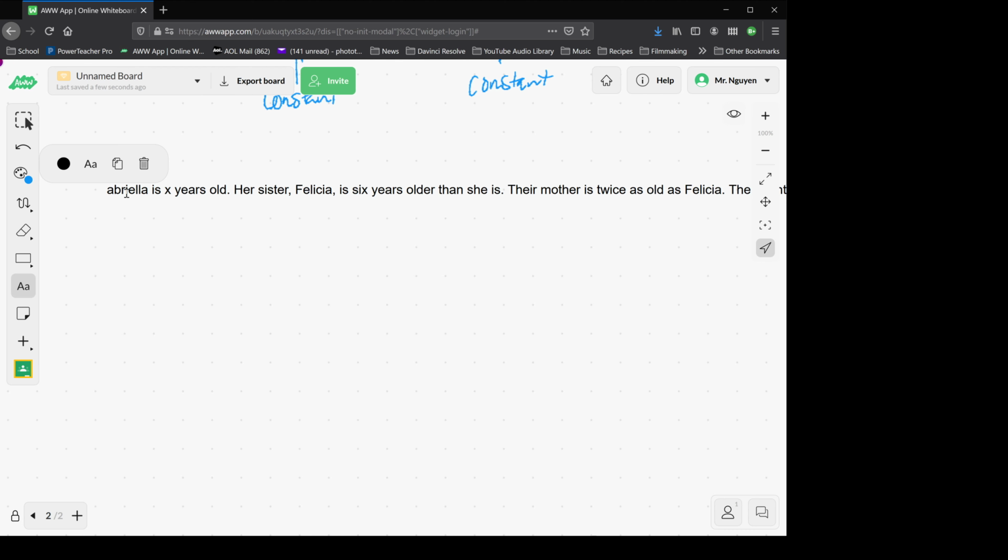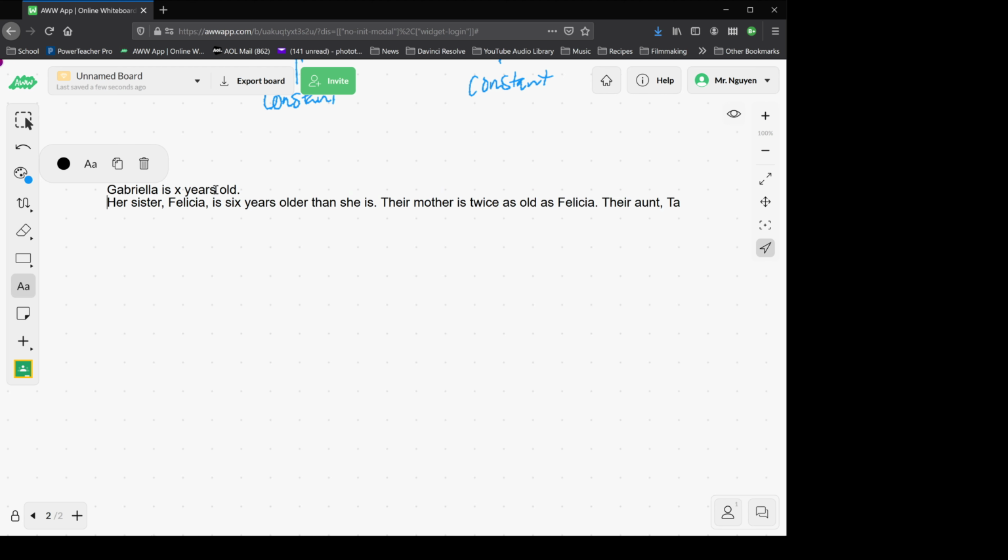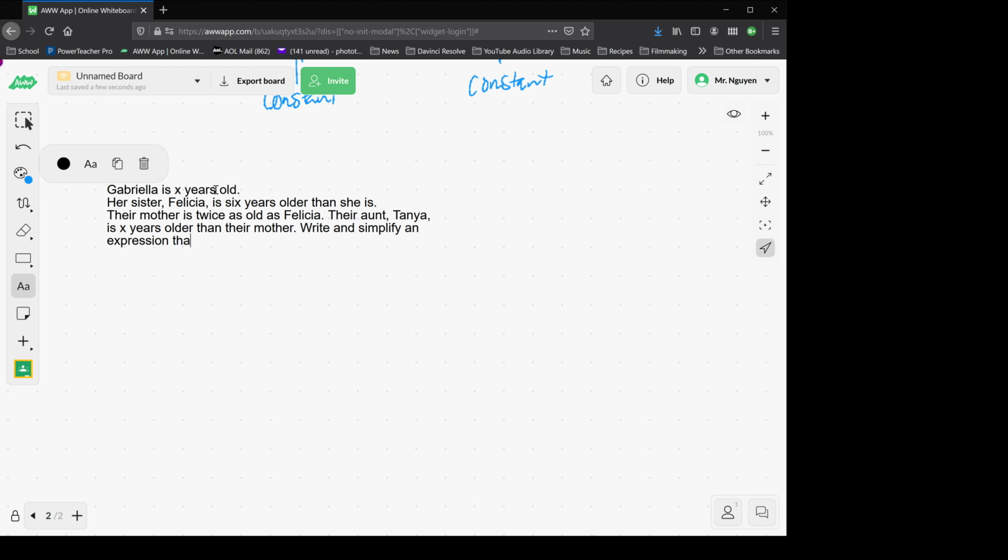Their aunt, Tanya, is x years older than their mother, right? Write and simplify an expression that represents Tanya's age in years.